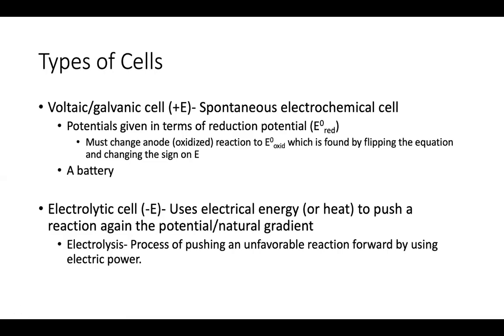by using electric power. Now, electrolysis is the process that occurs every time you plug your phone in at night to charge. Our phone battery has a natural gradient; it acts as a voltaic or galvanic cell, where a reaction occurs, allowing you to do everything you need to on your phone.